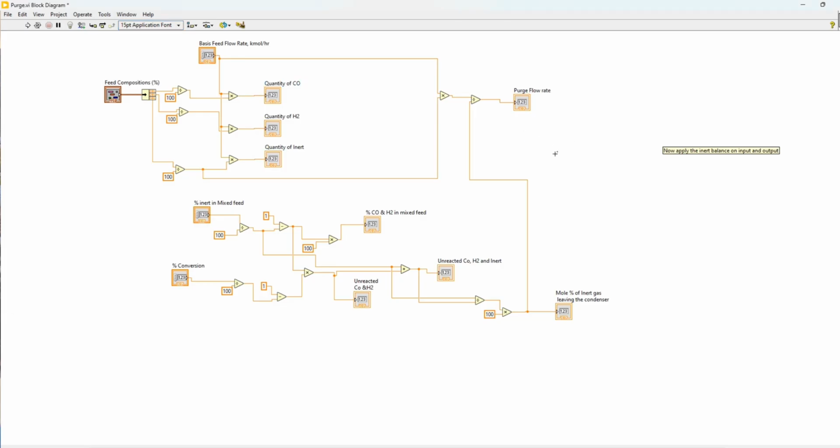So that purge flow rate, from here we'll check how much this value is coming. Okay, this is some mistake. Feed, and from here we'll find out how much inert we have.